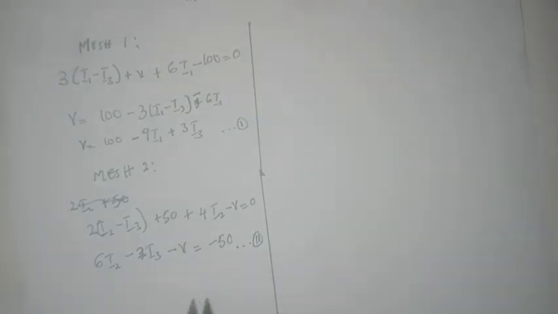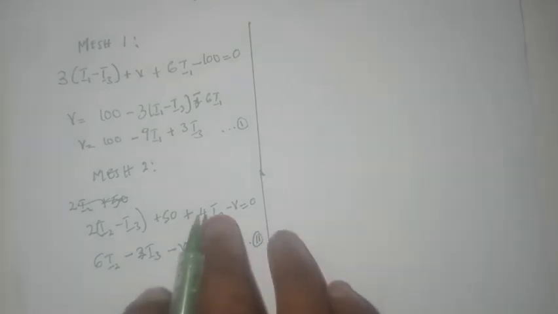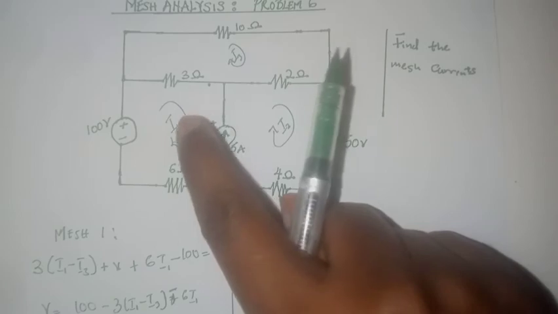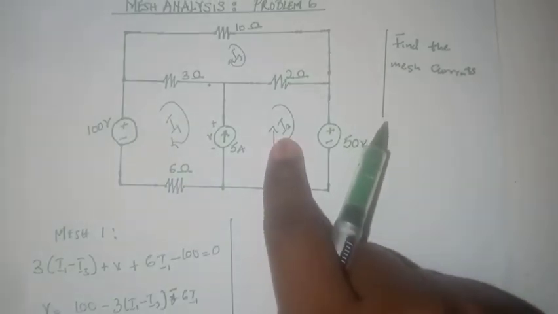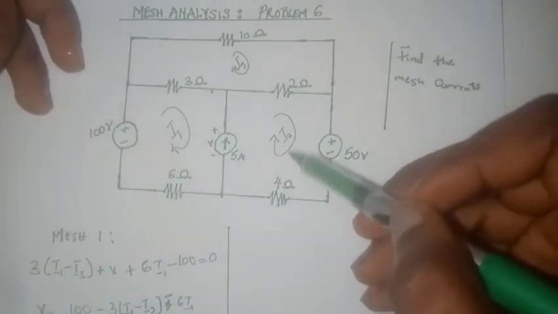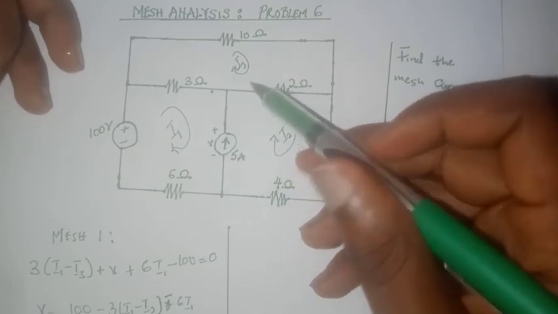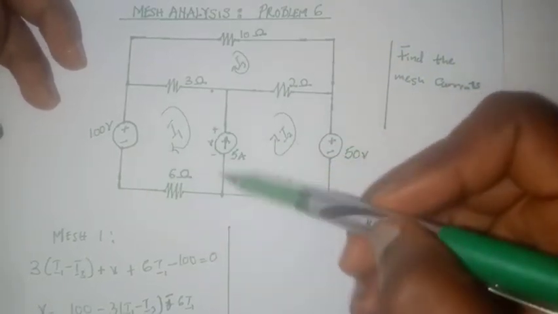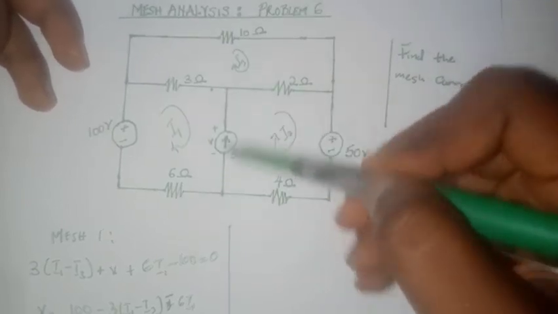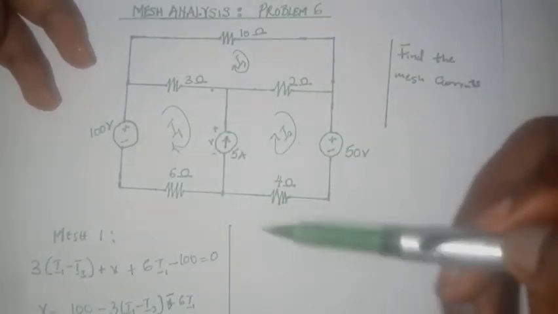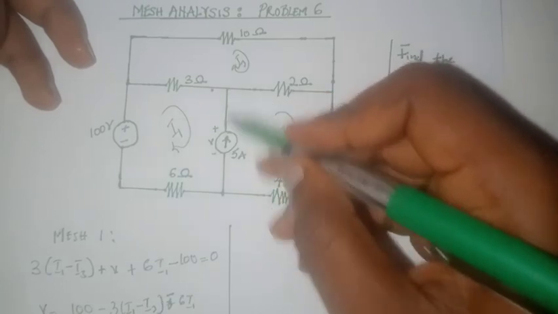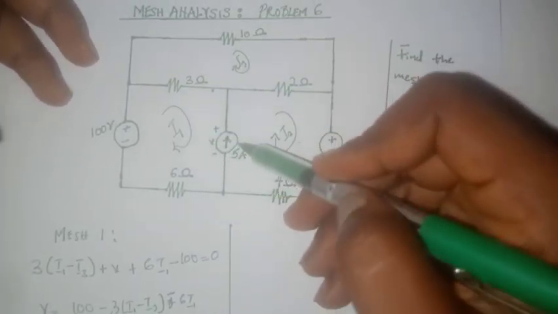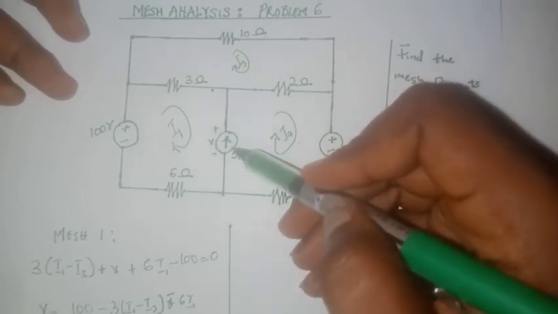Then one thing I want to call your attention to is the relationship between this current source and these two mesh currents. You see, this current I2 is flowing in the direction of the current source, and current I1 is flowing opposite. We can use the relationship between them to determine the current flowing in this branch, and the current flowing in this branch, as you already know, is 5 amperes.